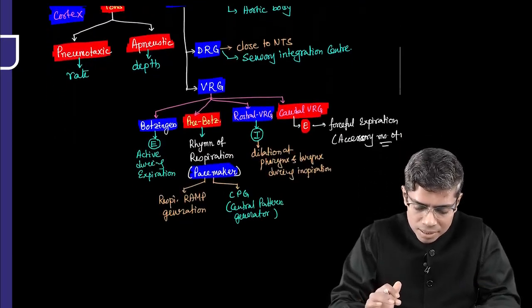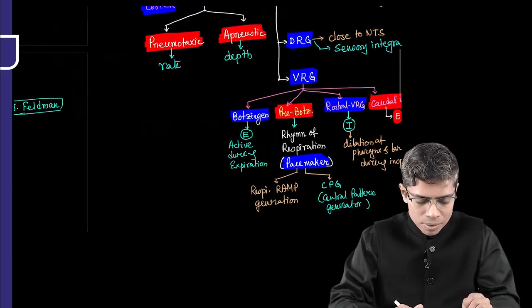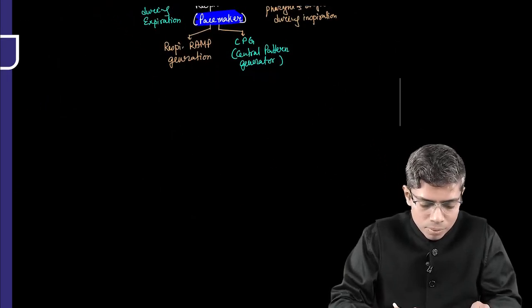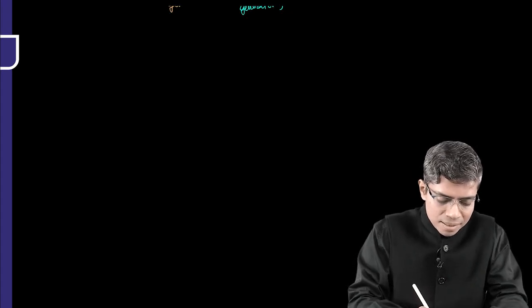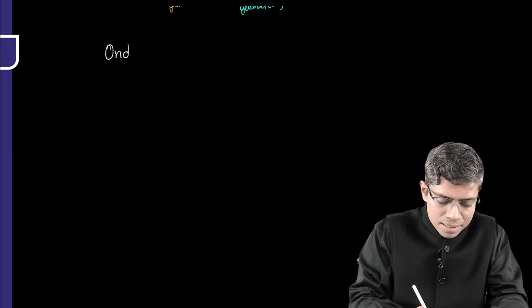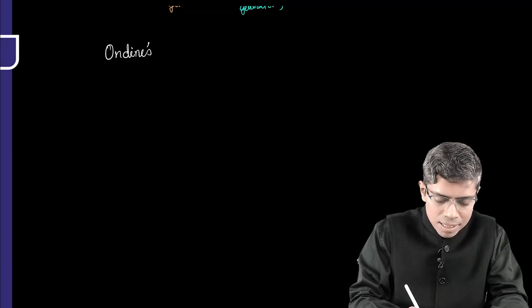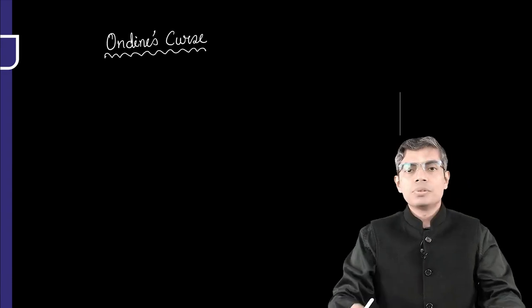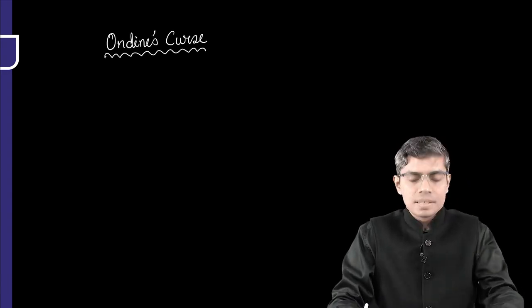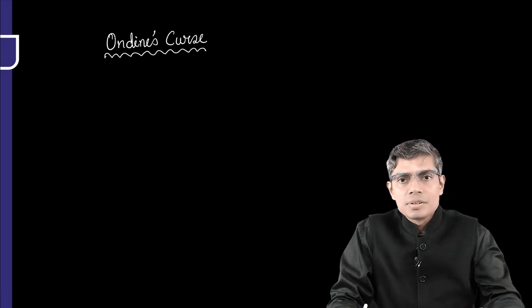Now, after understanding the role of these different centers, we have to read about one interesting clinical condition that is known as Ondine's curse, right? You must have heard of Ondine's curse, very, very interesting. This is from German mythology.